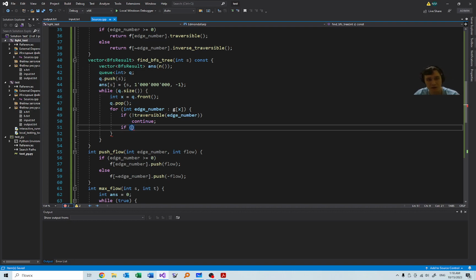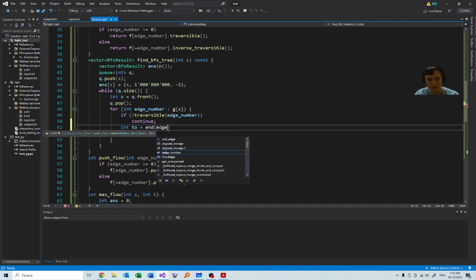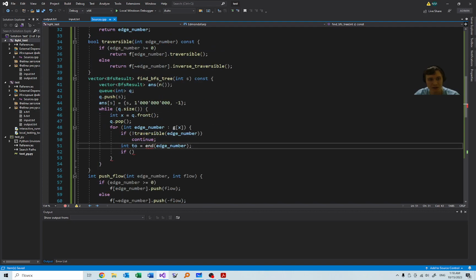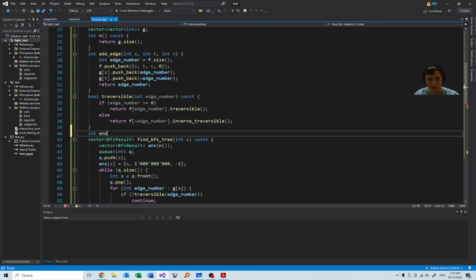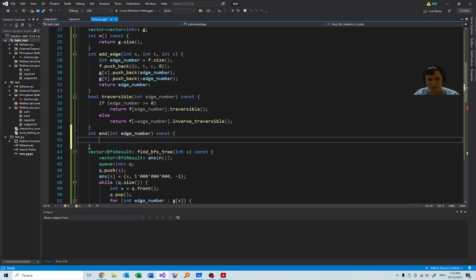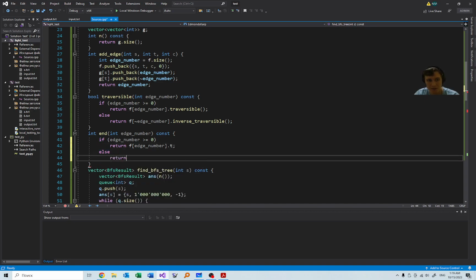So if I say int to equals end of edge number. How do I find the end of an edge? So if edge number is at least 0, I return f edge number dot t. Else I return f edge number dot s.